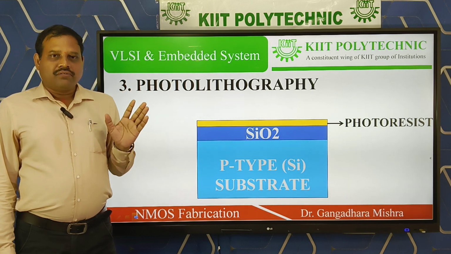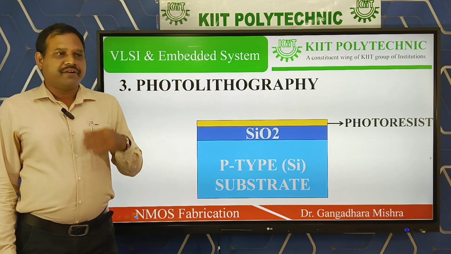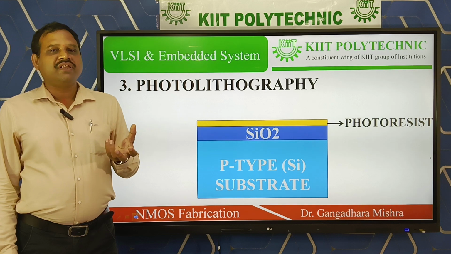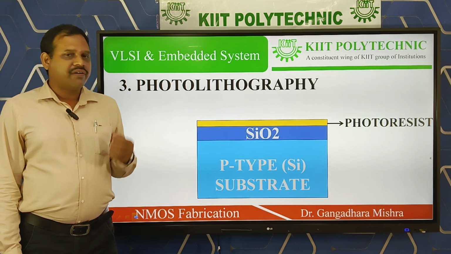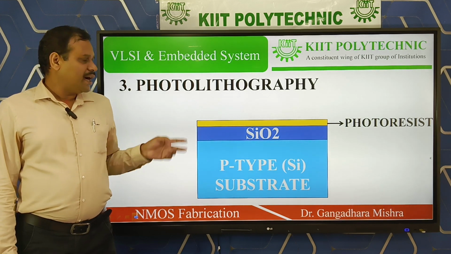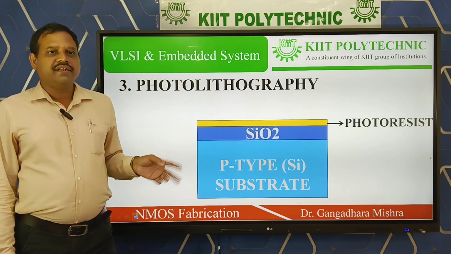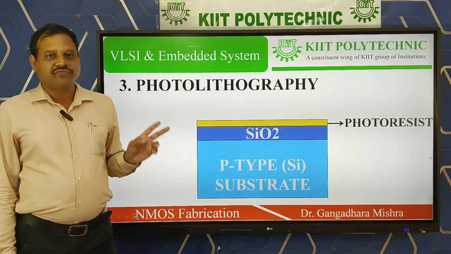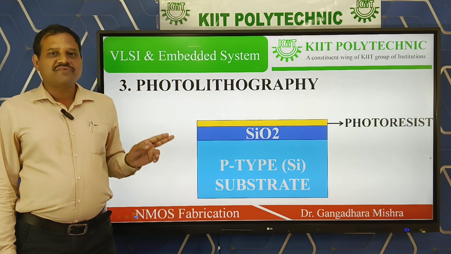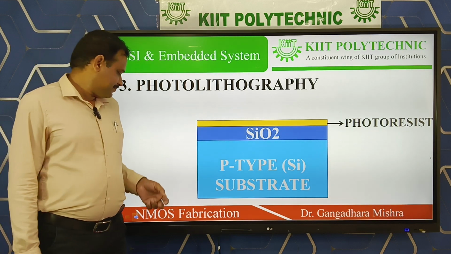Depending on our requirement, we can use the suitable type of photoresist for our particular application. Mostly in industries, positive photoresists are used because they give a sharp cutoff.